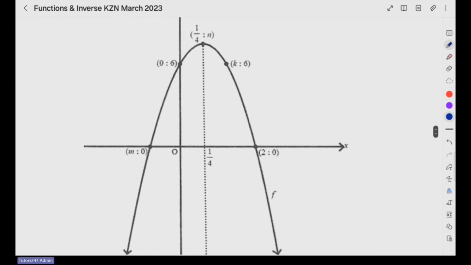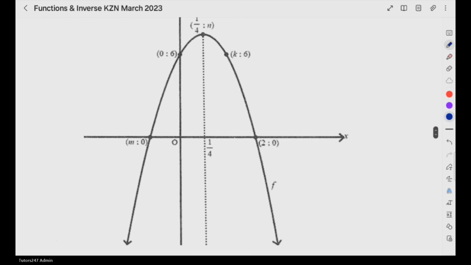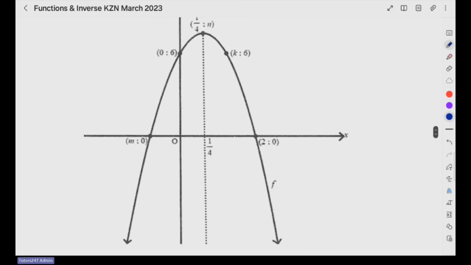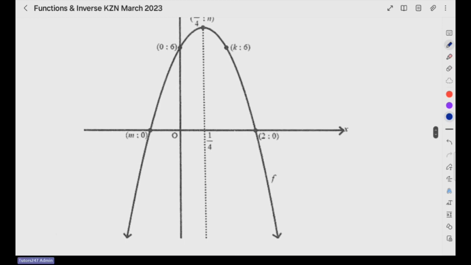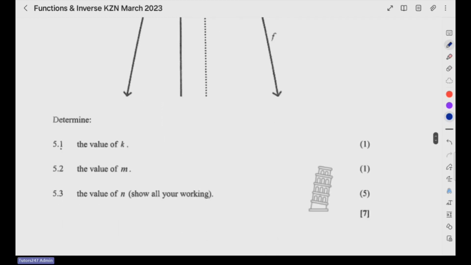So we have all of these points, and m, n, and k are unknown. Now, an important thing to take note of is that this is an a less than 0 function. It has a sad face, therefore, a negative parabolic function.